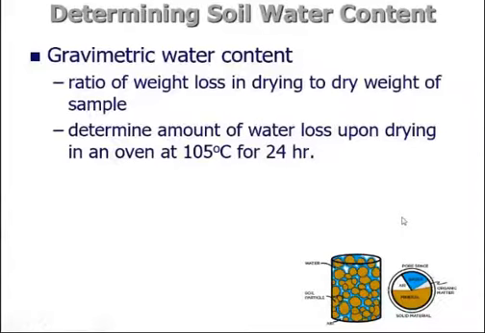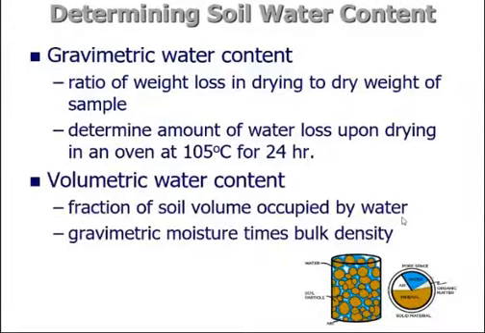There are also some differences between them in how we measure them. For the gravimetric moisture content, you go to the field, you take a soil sample, and after that you put that sample in the oven for about 24 hours at 105 degrees Celsius.